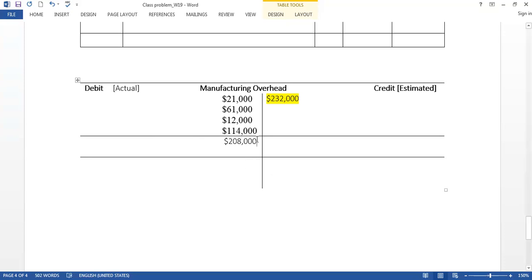What is the total amount of credit? $232,000. Now we find that debit and credit are not equal, right? So what does it mean? You recorded over cost or you recorded lower cost before. You estimated a higher amount or you estimated a lower amount.